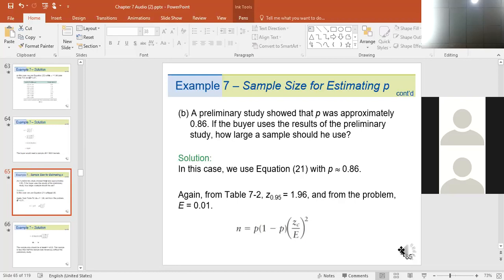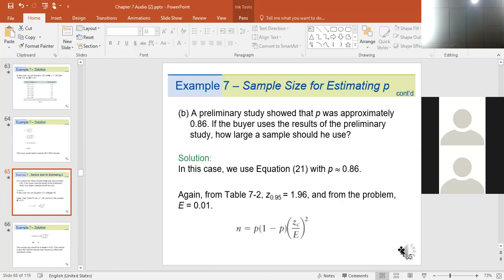And we are getting that N equals 0.86 times 0.14. And the same thing, 1.96 squared. 1.96 squared is this quantity, divided by 0.01 squared.